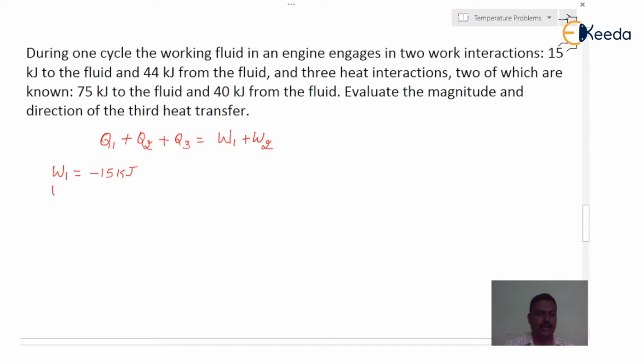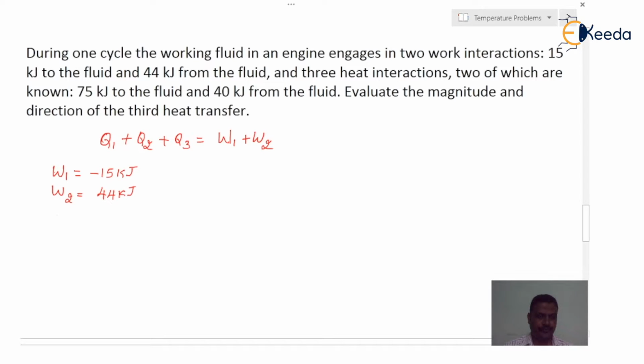Then W2 is 44 kilojoules, it is plus 44 kilojoules because work is done by the system, and there are three heat interactions, out of which two are known, and third one is to be calculated. Its magnitude as well as its direction has to be calculated.